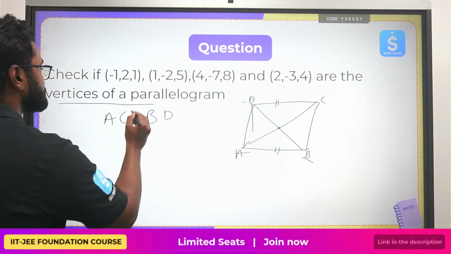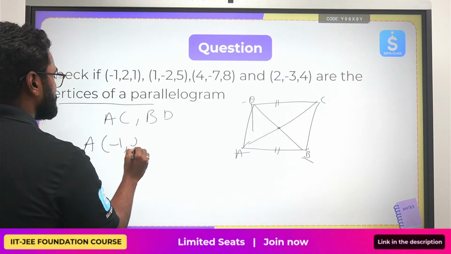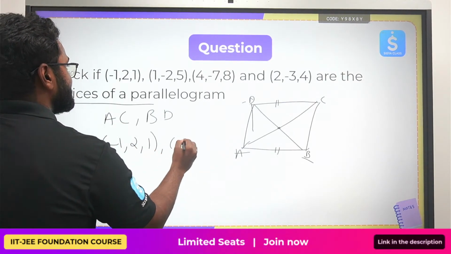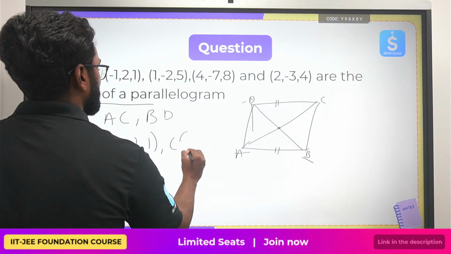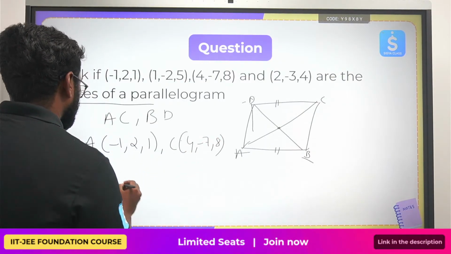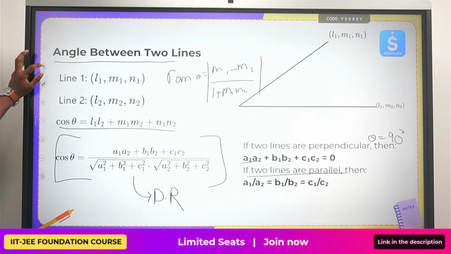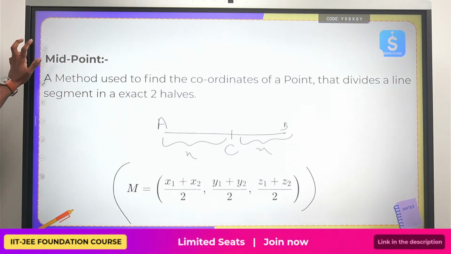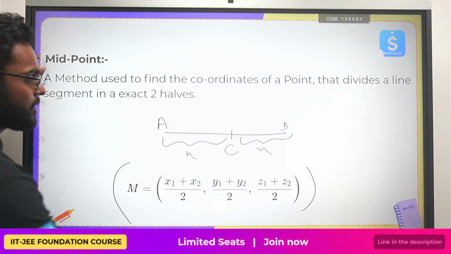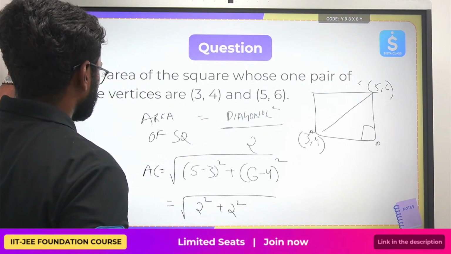Let us find the midpoints of AC. What is A? A is minus 1, 2, 1. C is 4, minus 7 and 8. We have the midpoint formula, you know, right? What is the midpoint formula? x1 plus x2 by 2, comma y1 plus y2 by 2, comma z1 plus z2 by 2. We'll apply that.